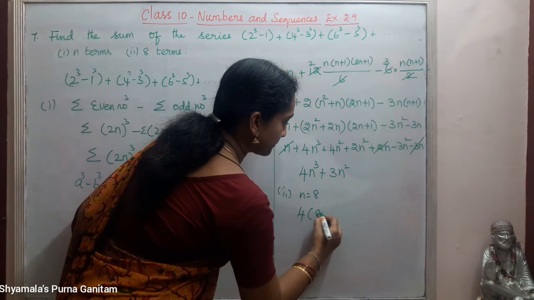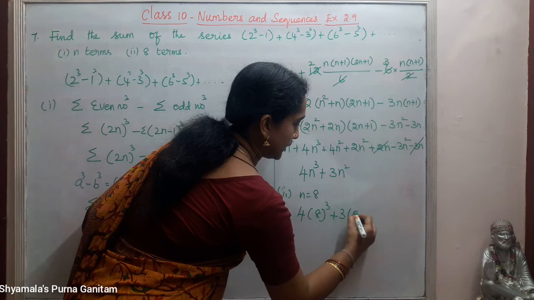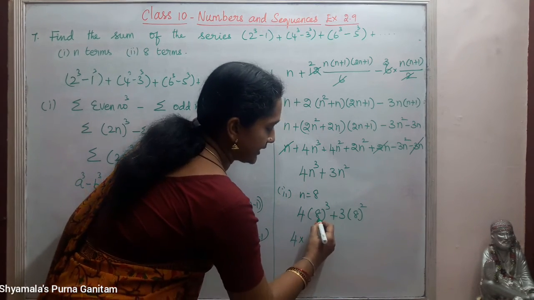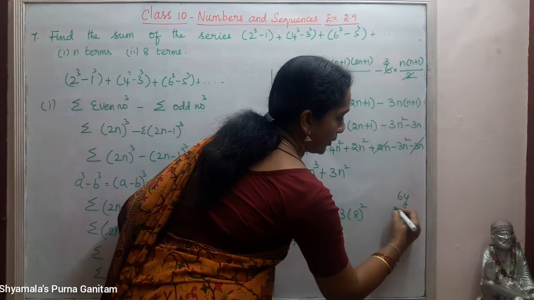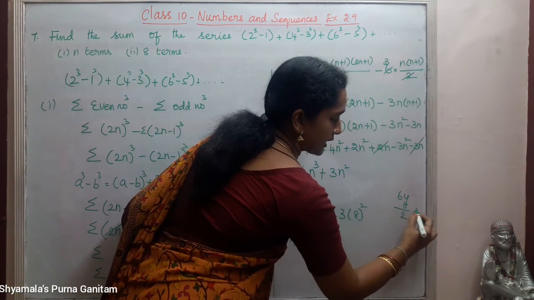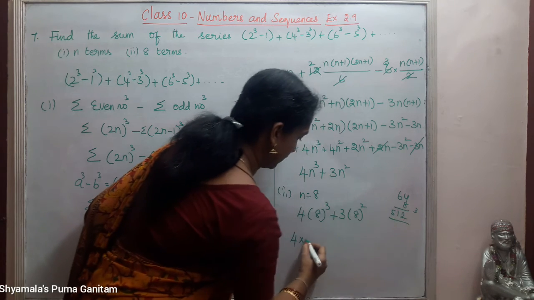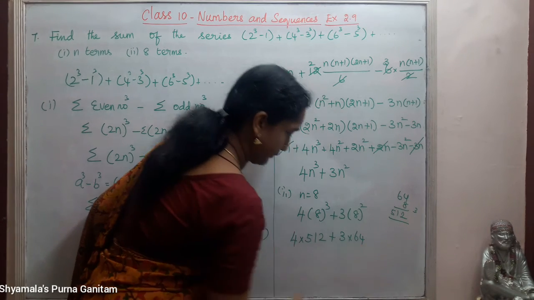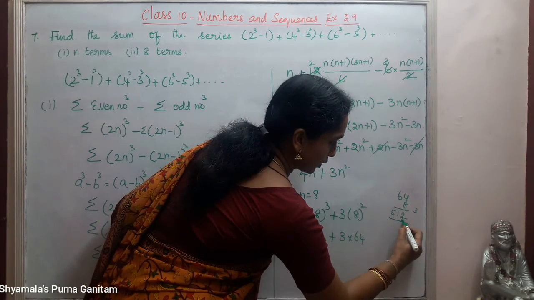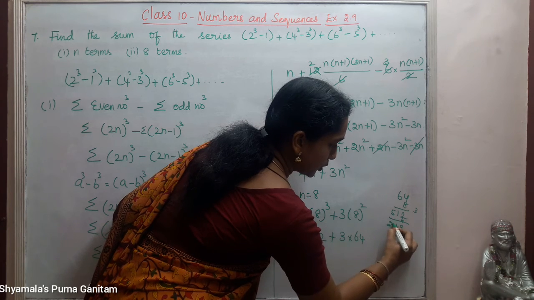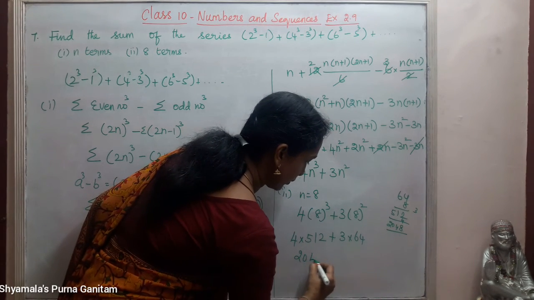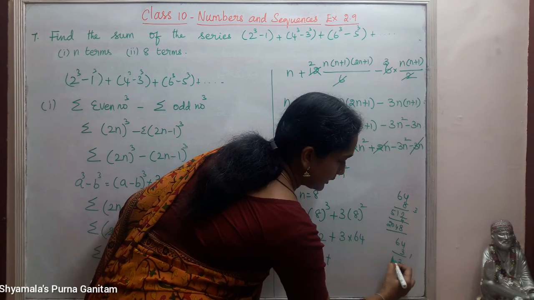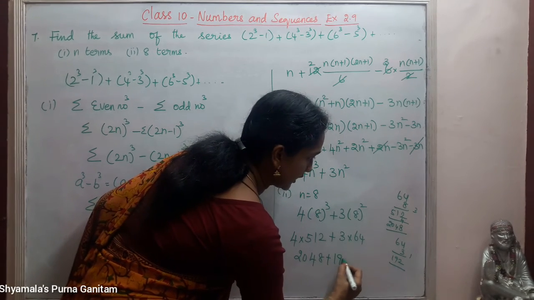So 4 into 8 cube plus 3 into 8 square. 8 eights are 64, 64 into 8: 8 fours are 32, 6 eights are 48, so 512. 4 into 512 plus 3 into 64. 512 into 4 is 2048, plus 64 into 3 is 192.